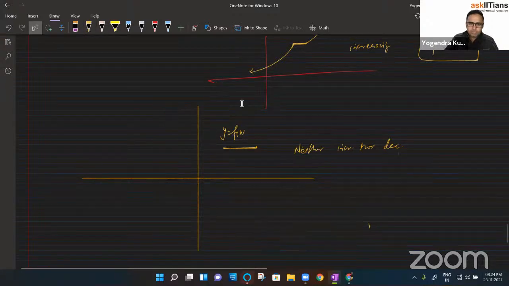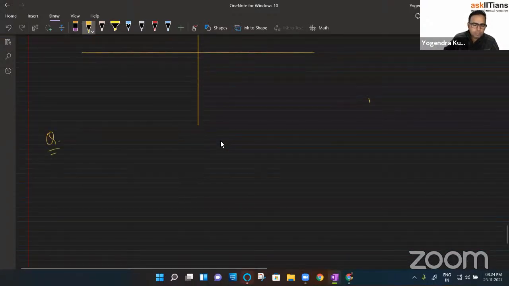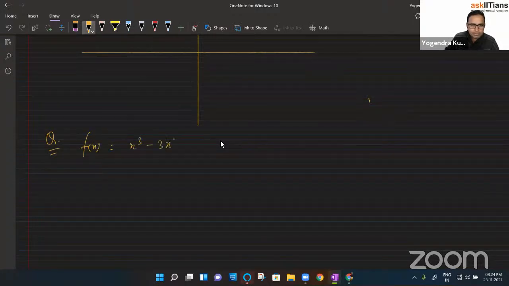So guys, now let's do the question. F of x is equal to x cubed minus 3x squared plus 3x. Just tell me about this function.